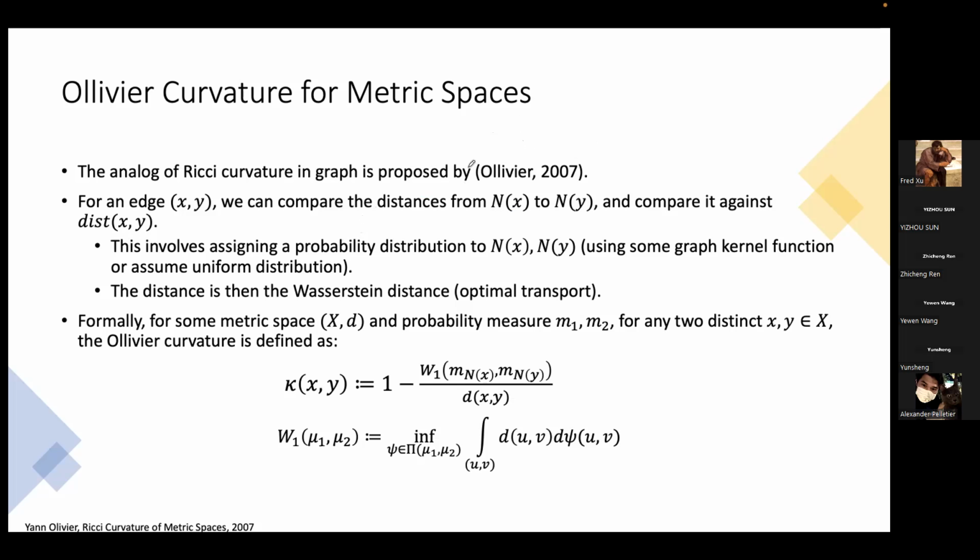That is the idea of a kernel. And we can think about how you measure the distance from one neighbor to another using the Earth mover distance, which is also known as the Wasserstein distance.